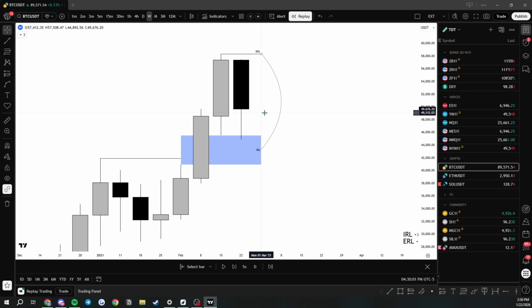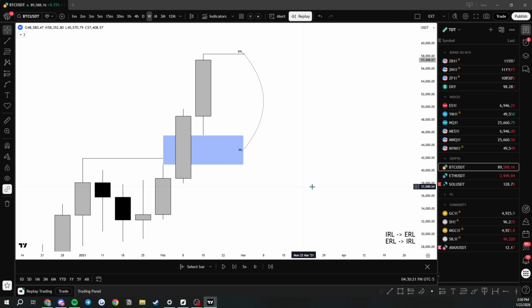Not like that. We have a very specific point which we are looking for price to move down to, right? Now, at this point, we're neutral, right? Nothing here has happened that's actionable for us yet.